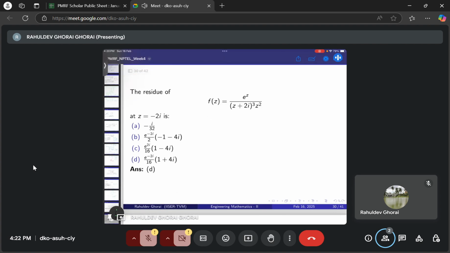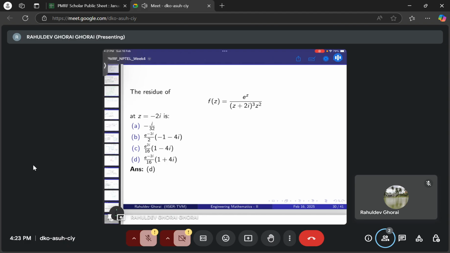Yeah, let's do what about this. The residue of this function you need to find.